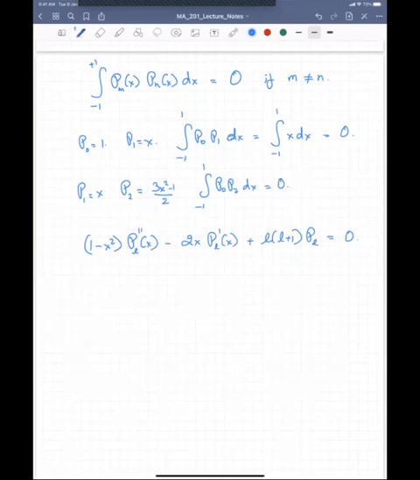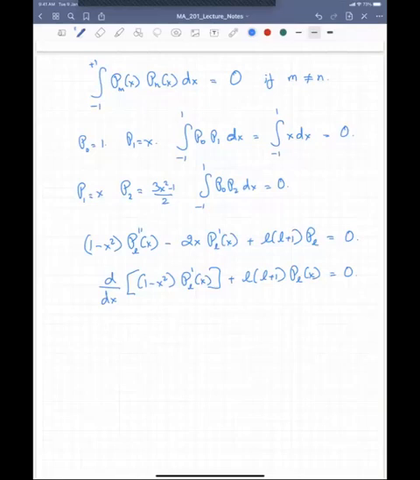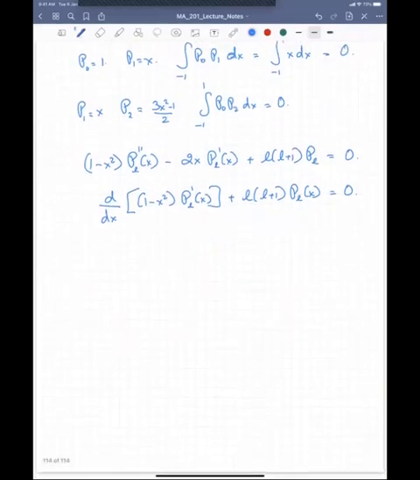Let me write this in a slightly compact notation. I can write this differential equation as d/dx of (1 minus x squared) PL prime of x plus L(L plus 1) PL of x equals 0. This is something you can trivially check.